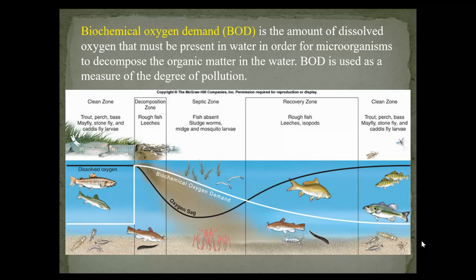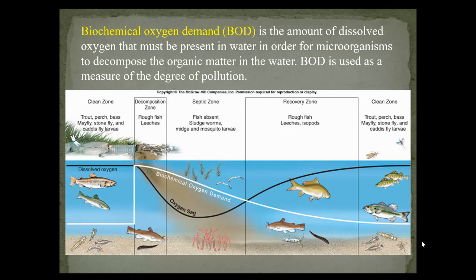So if there's a lot of organic material, so maybe it's algae, maybe it's sewage that's gotten into the water, the bacteria are going to start breaking it down, and the bacteria will use up the oxygen in the water as they're decomposing the organic material. So the more organic material in the water, the more oxygen the bacteria need to break it down. So that's what the oxygen demand is. How much oxygen does the bacteria need to break down the organic material?